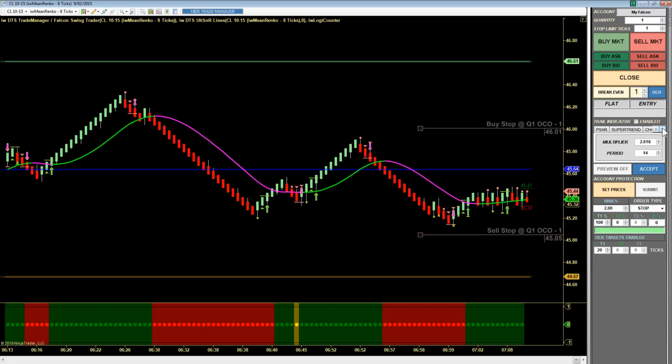And here too, I would go with a very conservative stop strategy, maybe something like the chandelier, or maybe I'll really wind back the ATR, because this is just going to be a safety net for me. This is only here to keep me from blowing the account up. And crude, as we all know, can be a very volatile market.